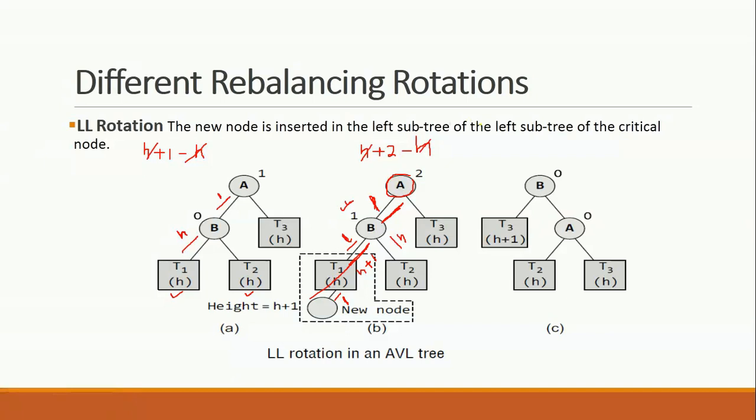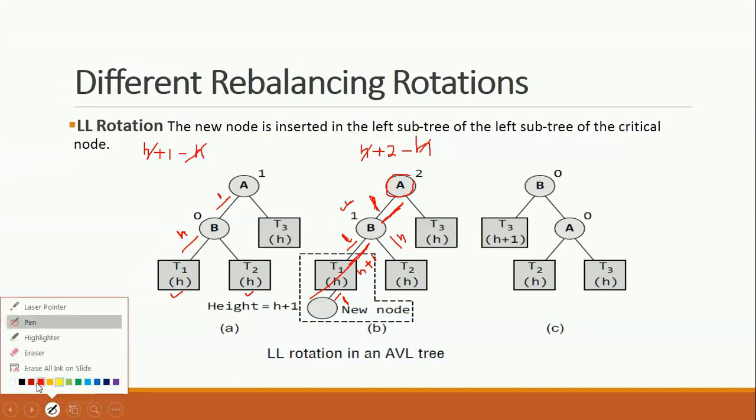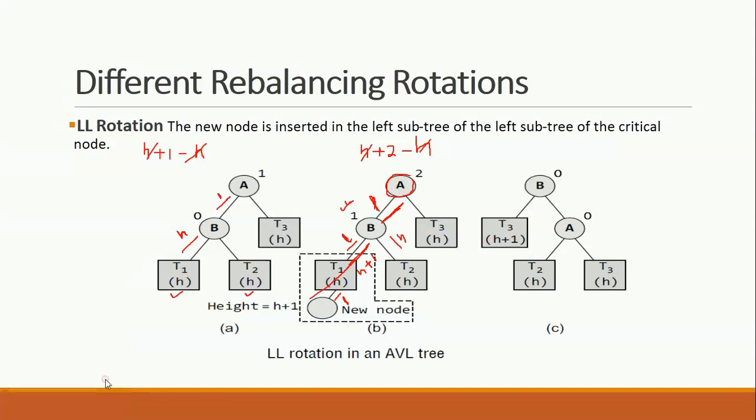If you want to do a rotation, see this particular edge, this edge I am talking about, will go as a clockwise rotation. So B will go here, A will go here.